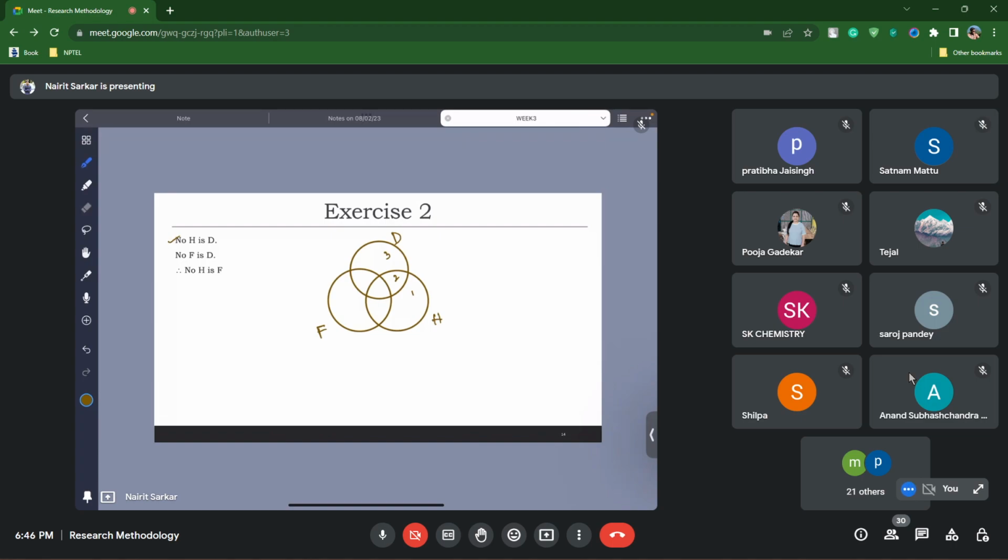Two. Good. The entire region between H and D should be shaded because it is empty. Then no F is D. 1, 2, 3? Two. Good.